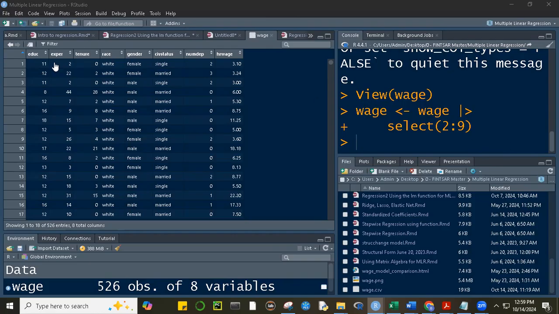Make sure that this is your wage data set. Feedback, please, class. Okay, thank you. Let's wait for the others.